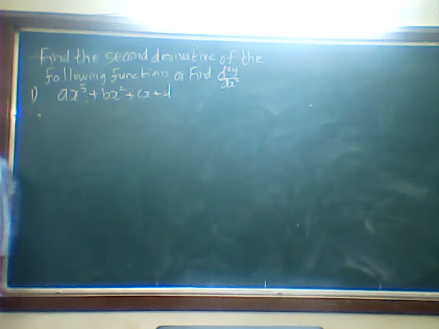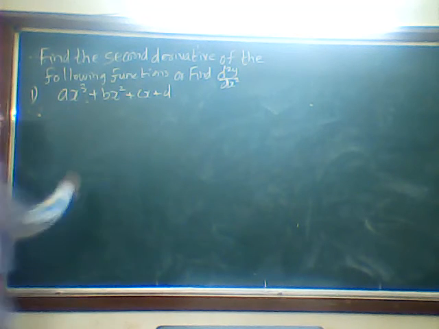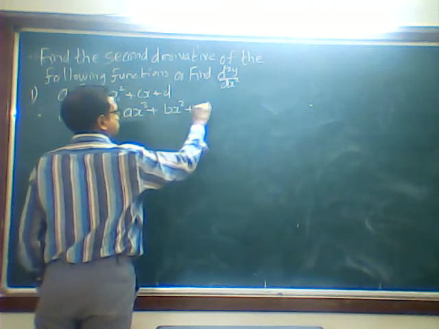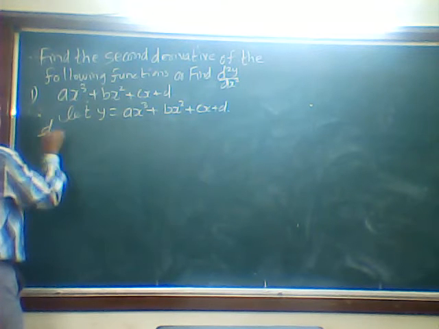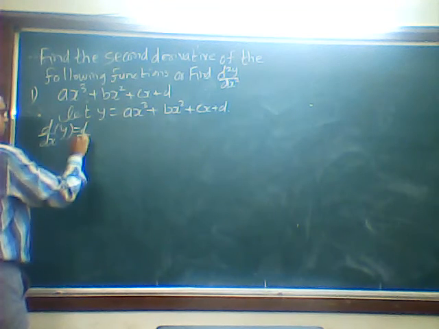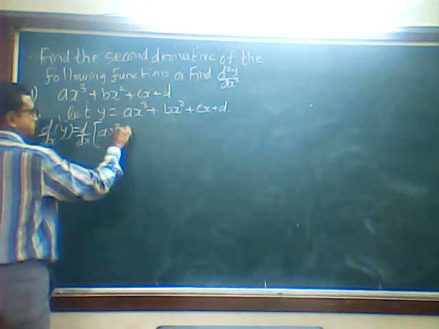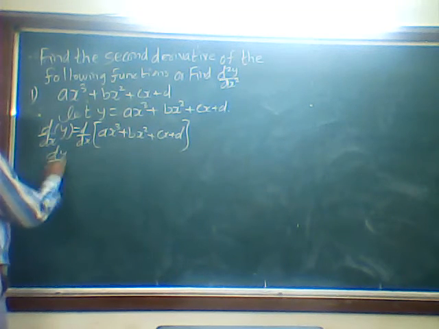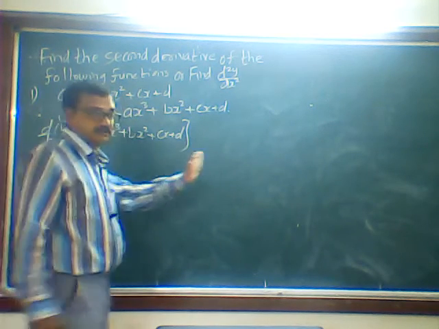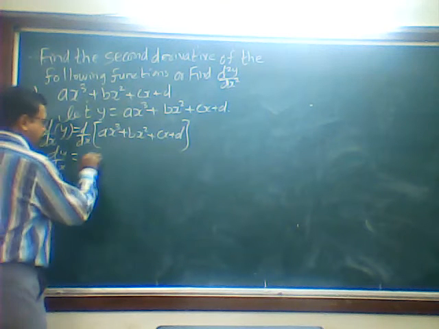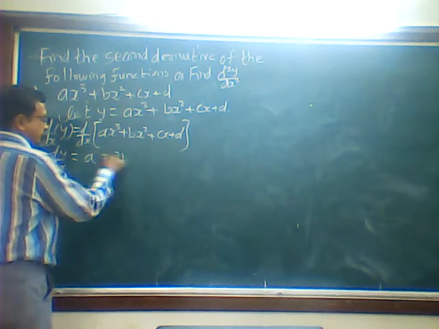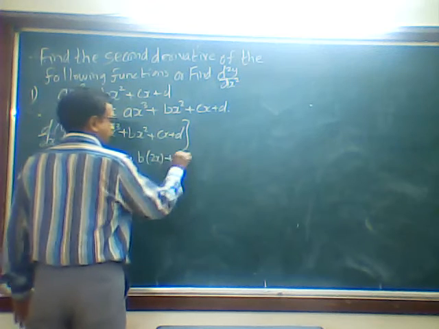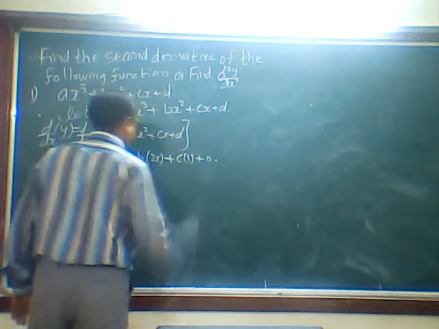Again you assume it as let y is equal to ax cube plus bx square plus cx plus d. d by dx of ax cube: a is constant, d by dx of x cube is 3x square. Plus b, d by dx of x square is 2x, plus c, d by dx of x is 1, d is constant so it is 0.